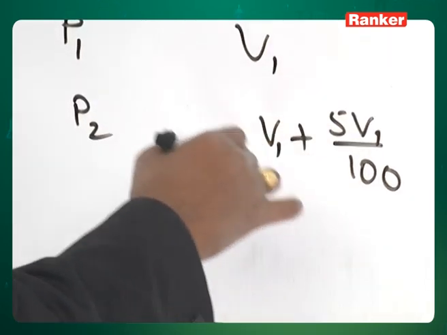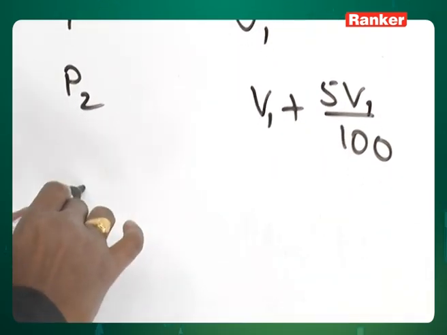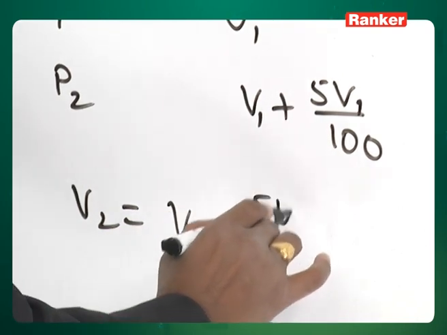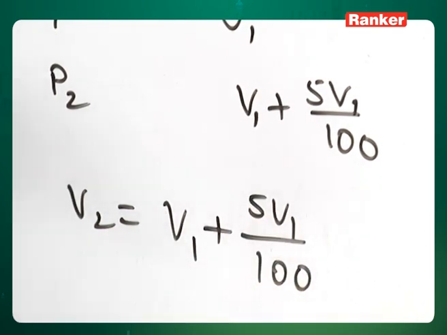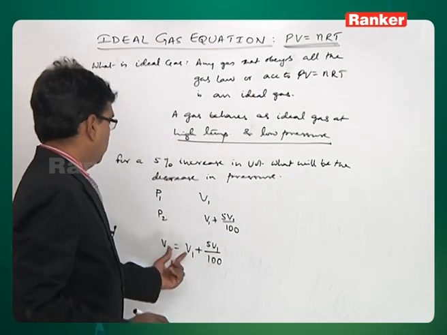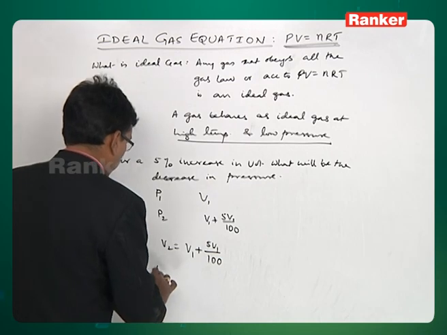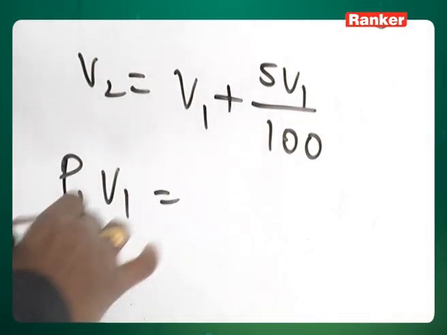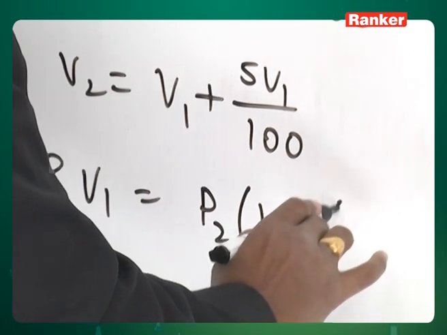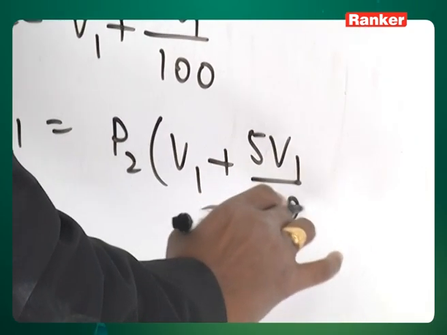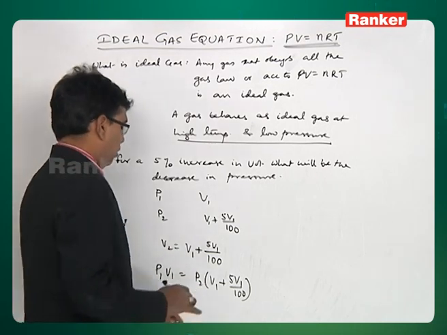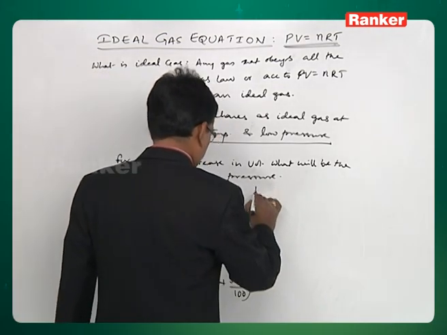So V2 is equal to V1 plus 5 V1 by 100 for a 5% increase in volume. Now P1 V1 must be equal to P2 V2, so it is P2 into V1 plus 5 V1 by 100.